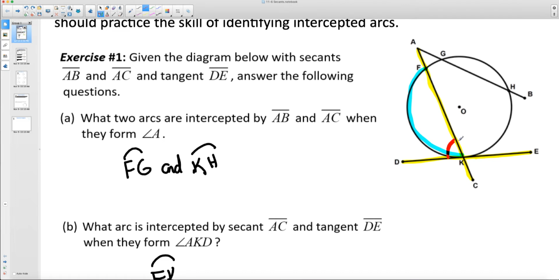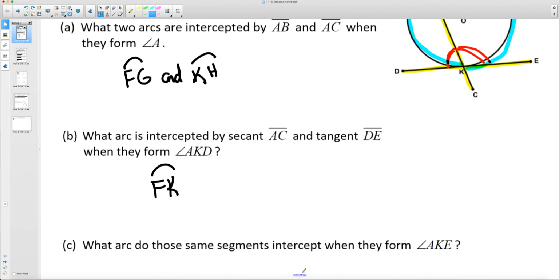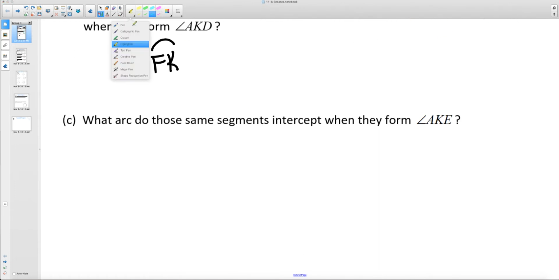Well now we're looking at this angle right here. If it's AKE, then it's starting here but going around this way. So that's going to be arc F, and we'll use 3 letters because it's the major arc. So we'll say arc FHK.